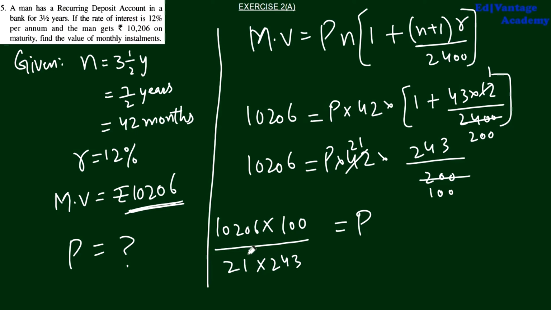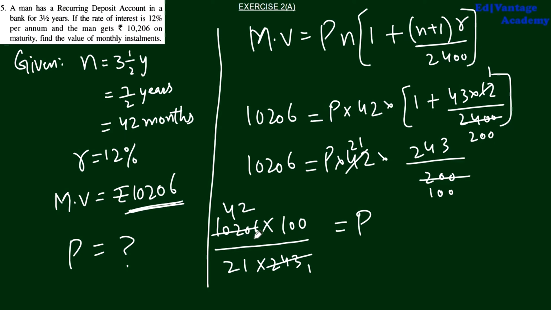Fine. If I check 243 into, let us say, 8, it's coming 1944, which is very small. So when you try a bigger number, I found out that 243 is going with 42 to make it 10206. Now will 21 and 20 go?